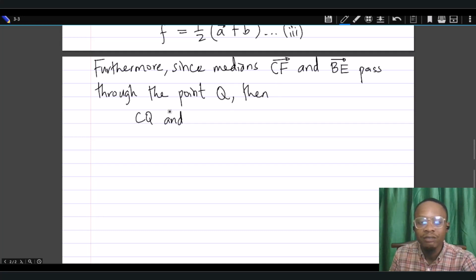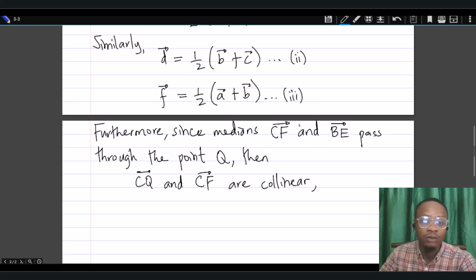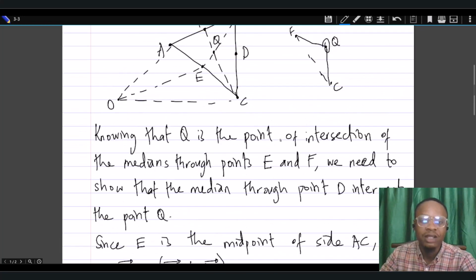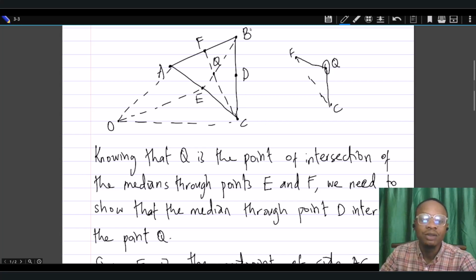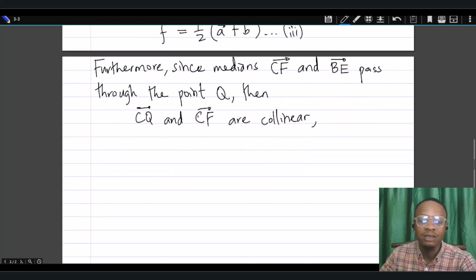Also, we know that for the same reason, if we consider the line vector BE, then BQ and BE are collinear, just like we have CQ and CF here.